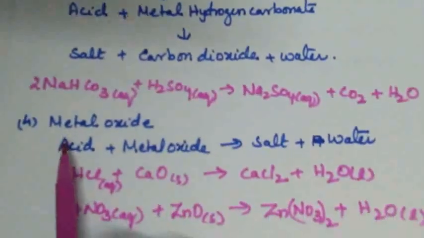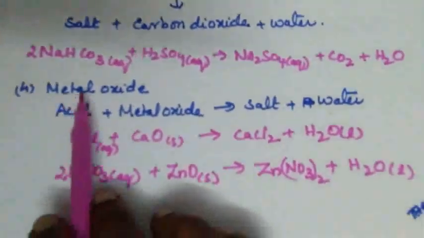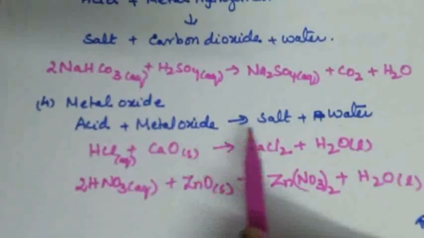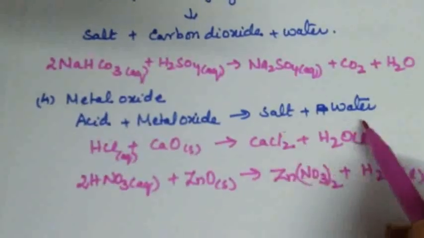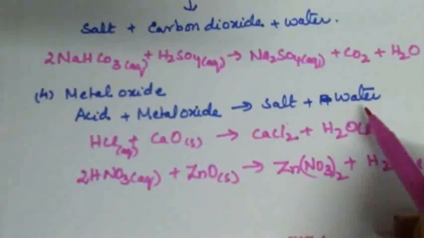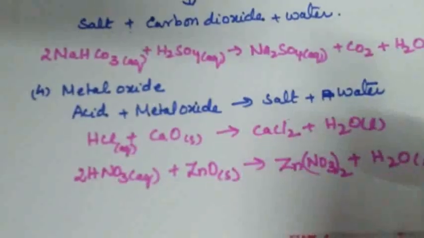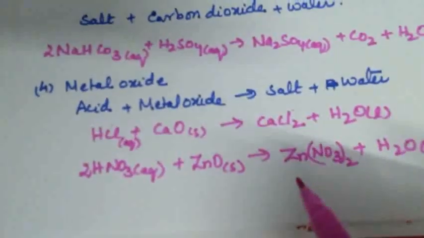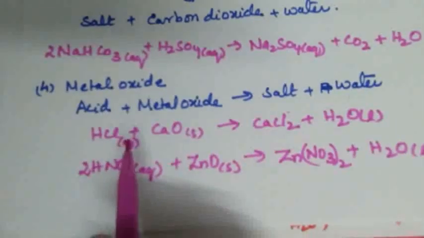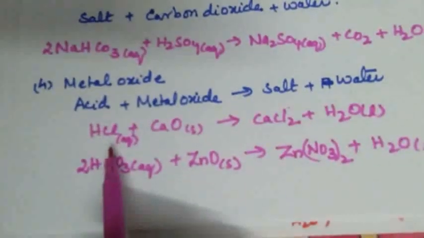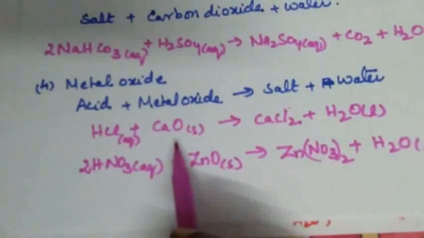Let us see the fourth reaction, with metal oxide. Acid plus metal oxide gives you salt plus water. See, in all the cases, the product is salt, and water is there in every case except the first case, where it is salt and hydrogen. In all the 4 cases we have salt. Let us summarize that later. Let us see what happens with this. I have acid and metal oxide, calcium oxide.